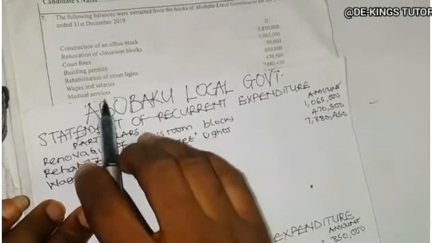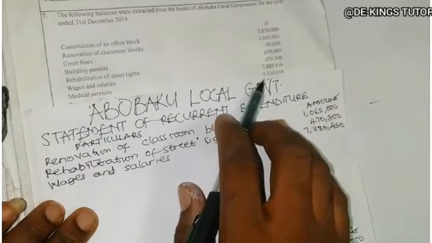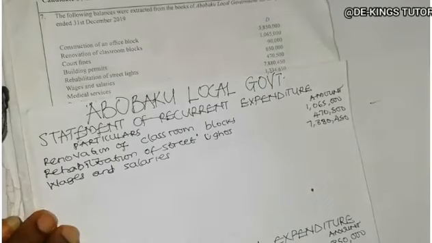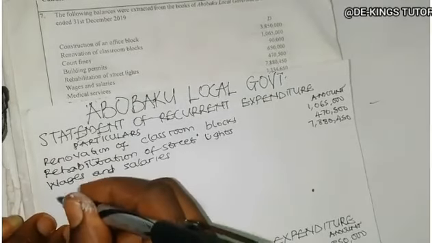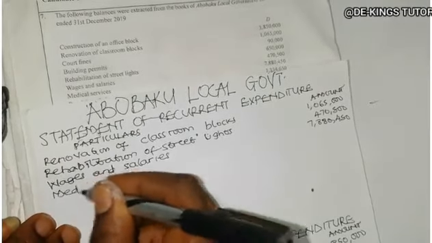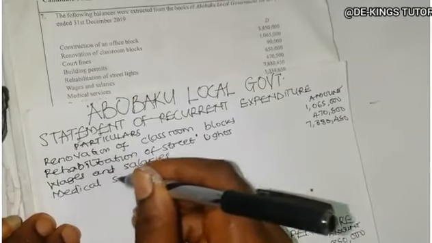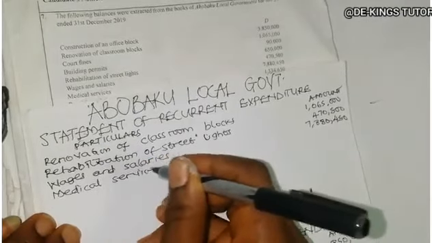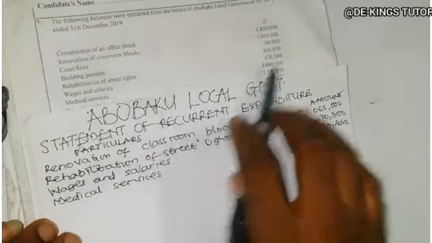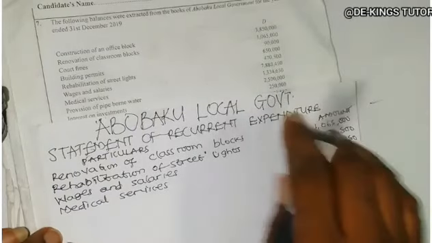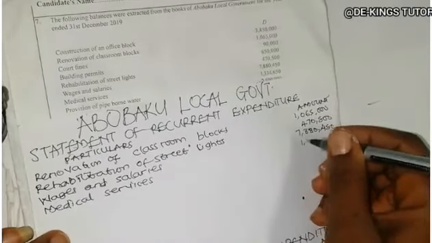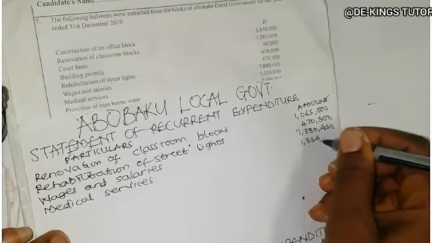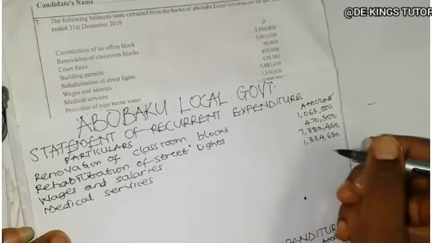The next one is medical services. They go for medical checkup and it is done frequently, so it's a recurrent expenditure, 1,334,650.